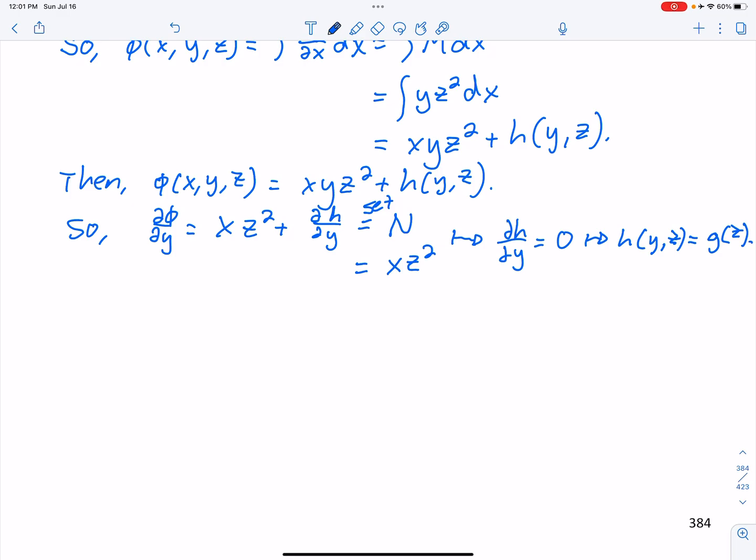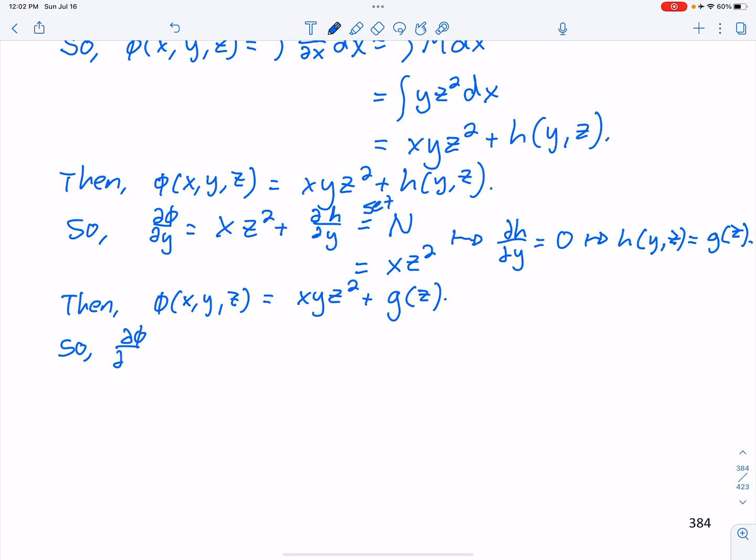All right, so then I'm going to rewrite phi now. Phi of x, y, z is equal to xyz squared plus, and then we just said that h of y, z is just g of z. We had a constant. That's all that came out of that. Now, I do that same thing. So I take the derivative of this thing with respect to z, sorry. Thinking the right thing, said the wrong thing. With respect to z, I get 2xyz plus g prime of z.